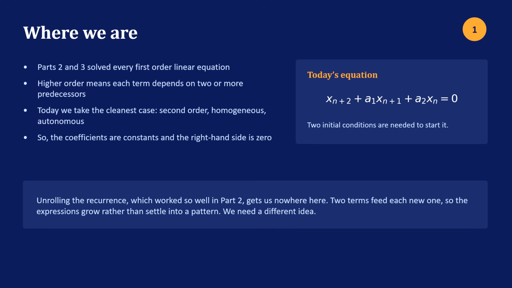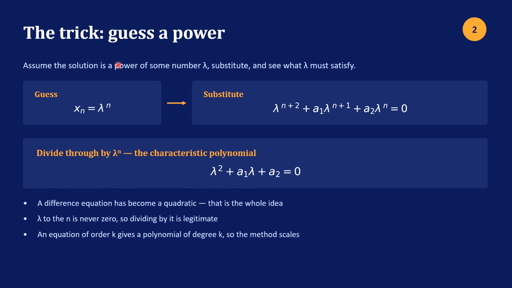Here's the method of solution that will guide us to finding the closed formula for the higher order equations. We assume the solution is of the form lambda to the n, and we substitute that into our, in this case, second order equation, the one we had on the previous slide. We have this here.